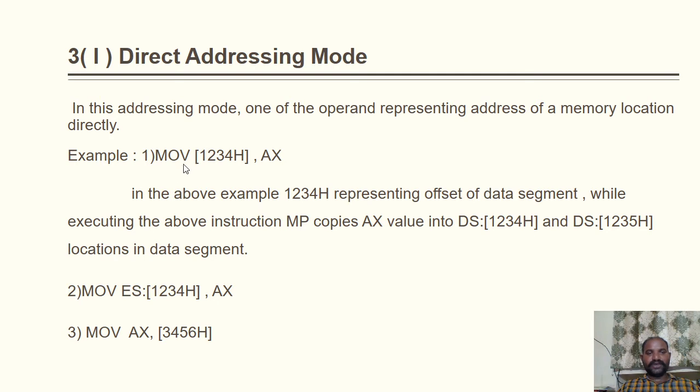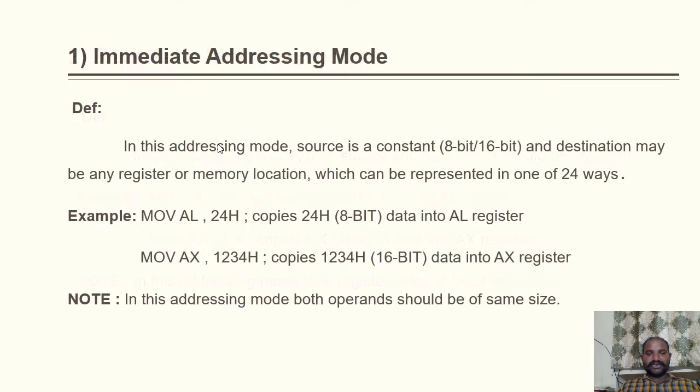Here I am having the move instruction, and previously we have seen the immediate addressing mode. If you see move x comma 1234h, here I am having one constant without any square bracket, so it is going to be constant data.